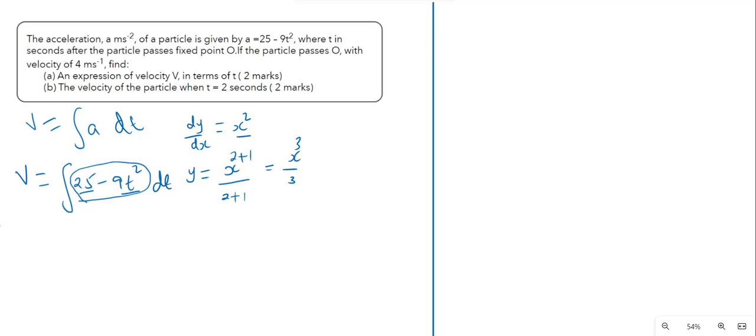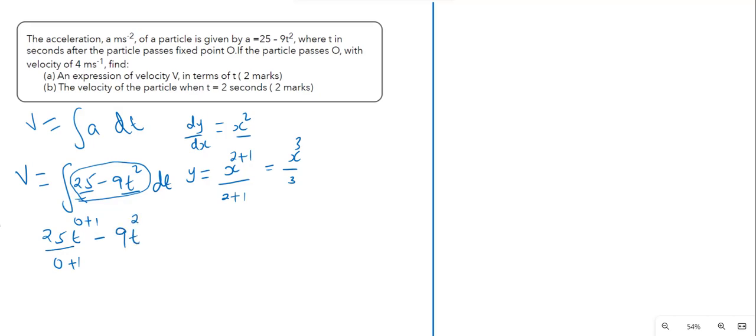So now for us to integrate 25, we introduce time t, and the power of t is 0 here in this case. So these two are the same, but when we integrate, the power increases by 1, and we divide by the new power: 25t power 0 plus 1, and then minus 9t.